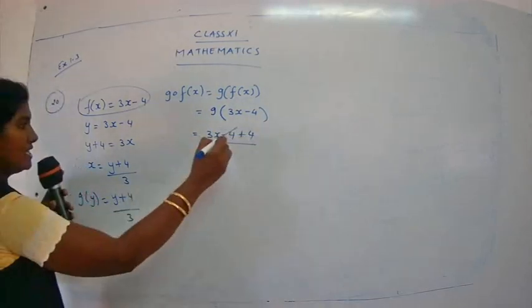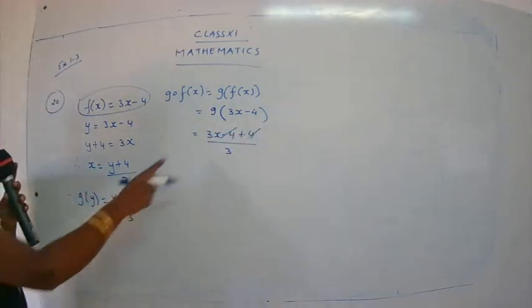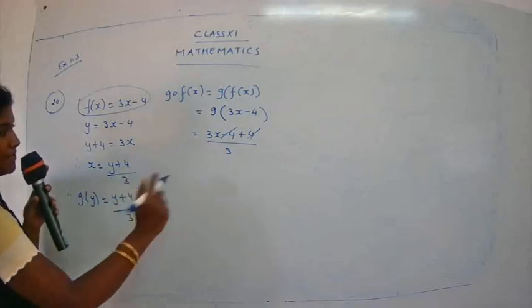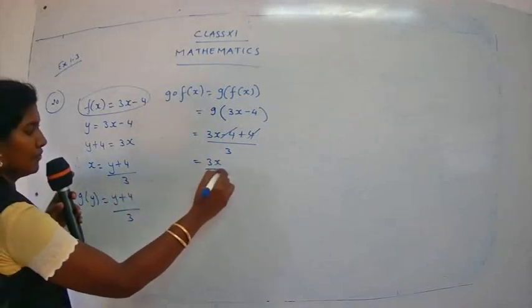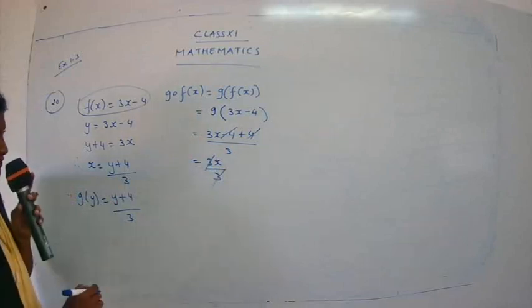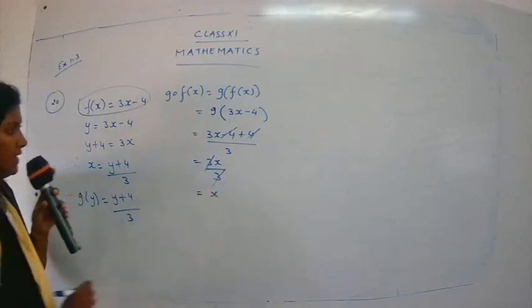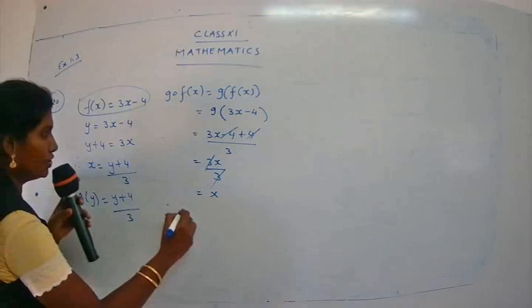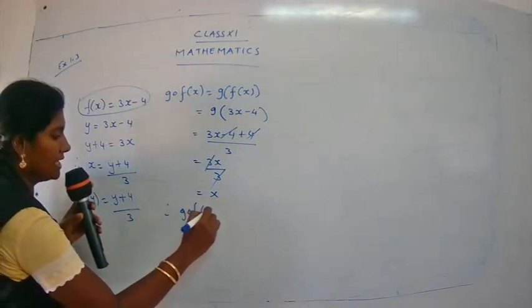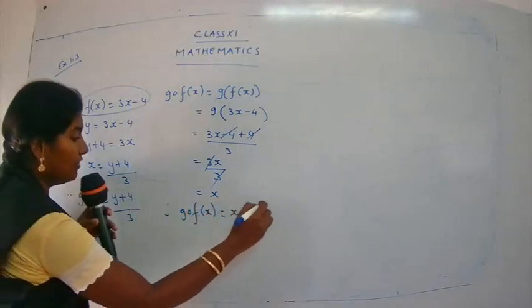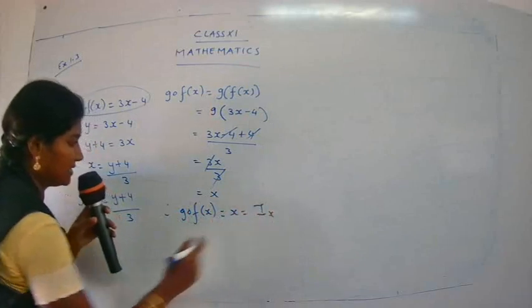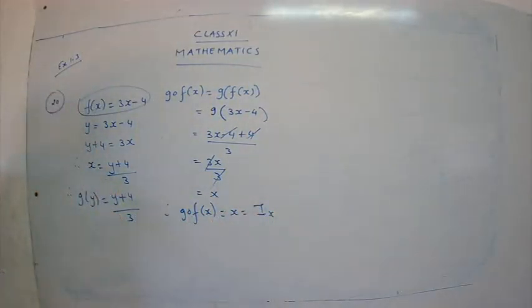Minus 4 plus 4 goes, and we have 3x upon 3. We cancel 3 and 3, and what is left here is x. Therefore, g of f of x is equal to x, and we may write this as I of x, because when I solve g of f of x, I get the value x, which can be taken as I of x.